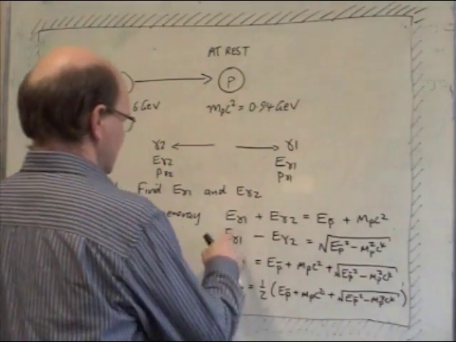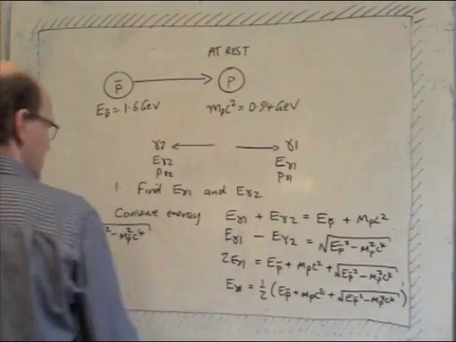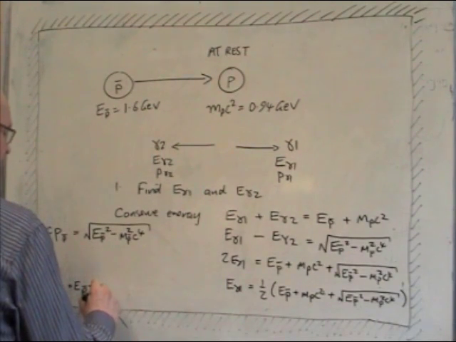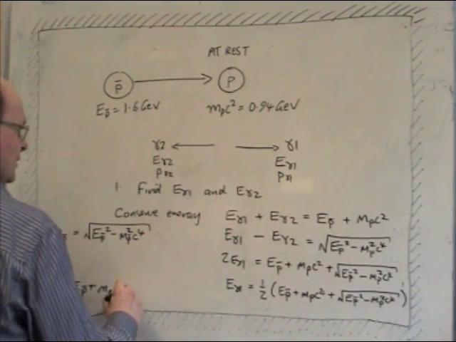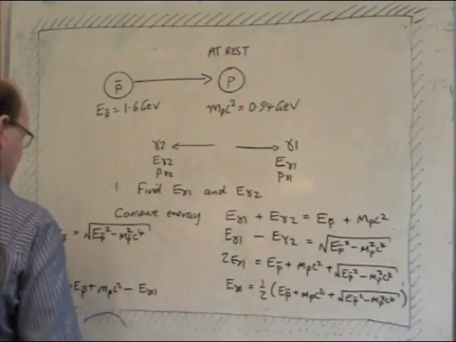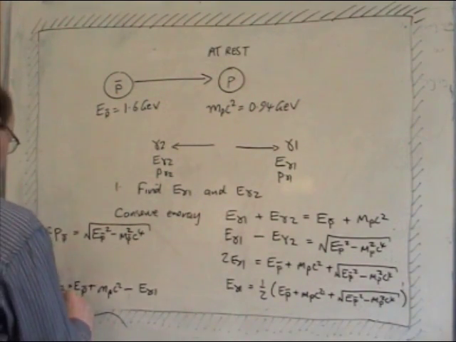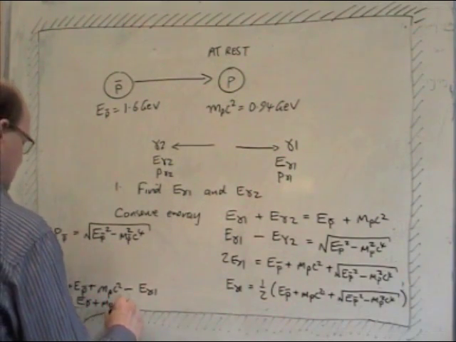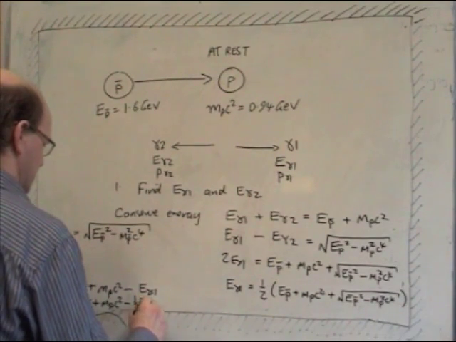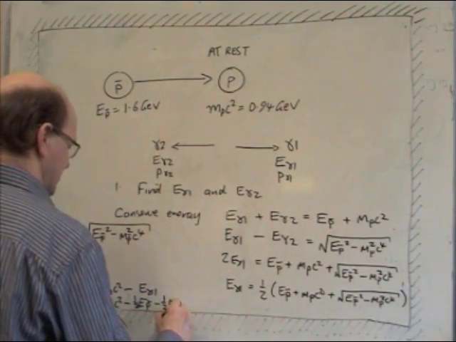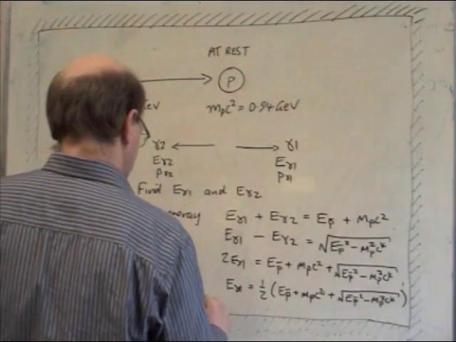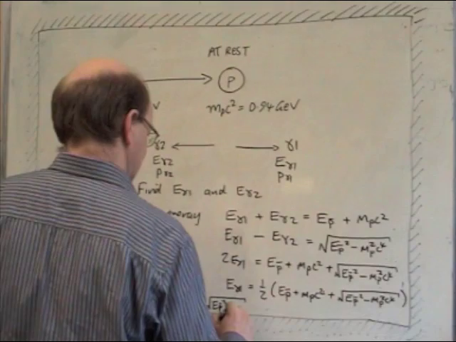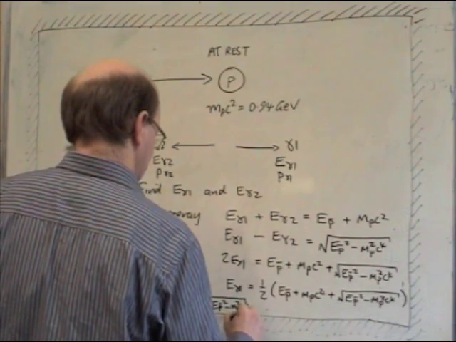If we put E gamma 1 on the right, we get that E gamma 2 is equal to E P bar plus M P c squared minus E gamma 1, which, writing everything out, is E P bar plus M P c squared minus 1/2 E P bar minus 1/2 M P c squared minus 1/2 the square root of E P bar squared minus M P squared c to the 4th.